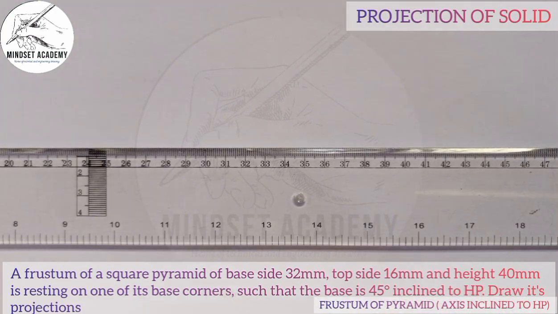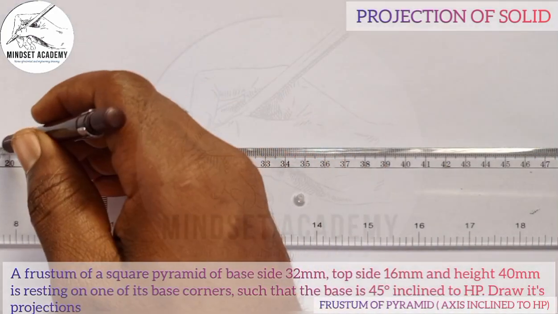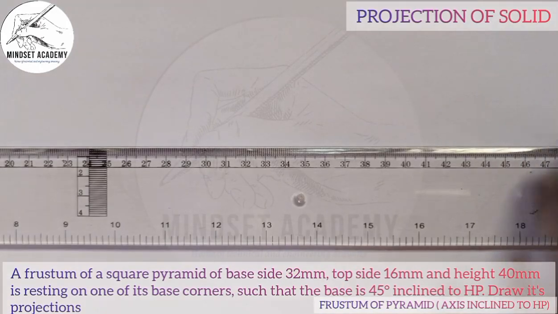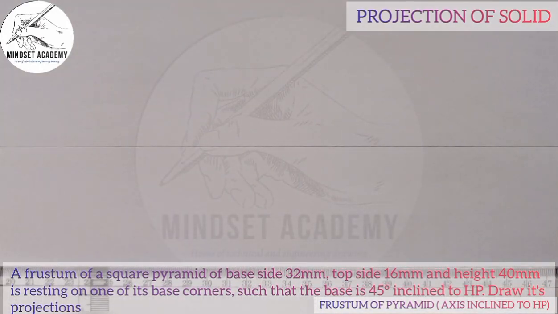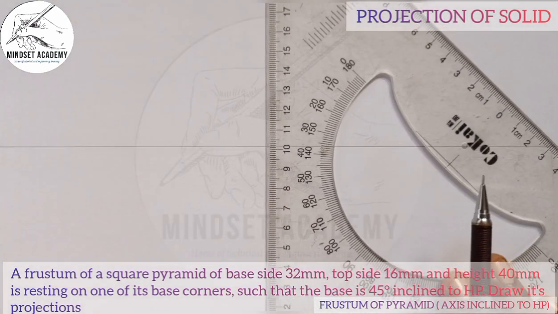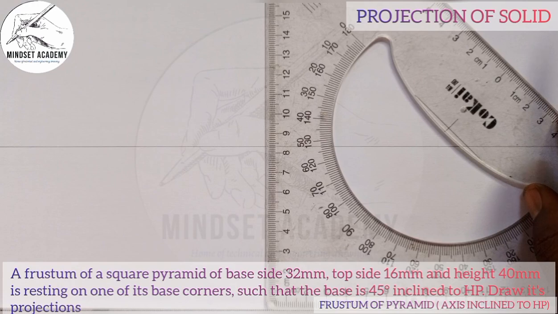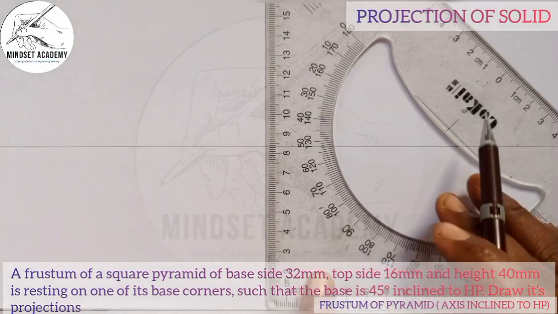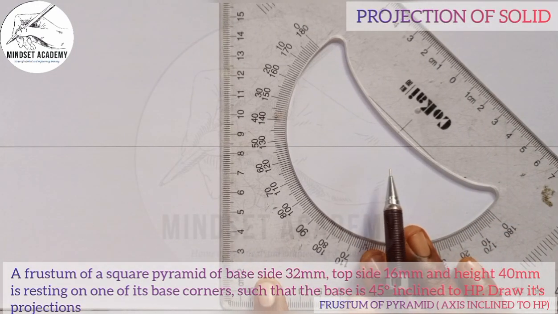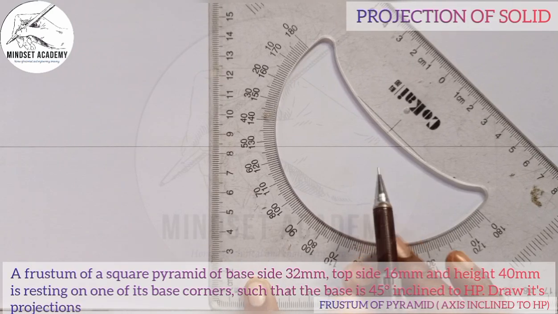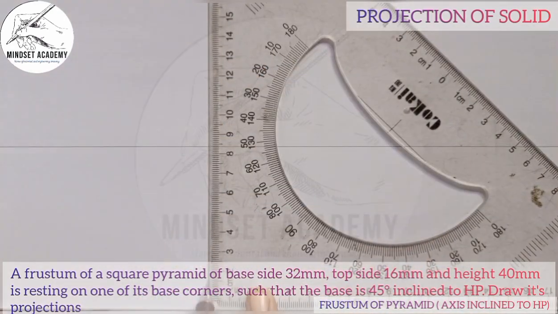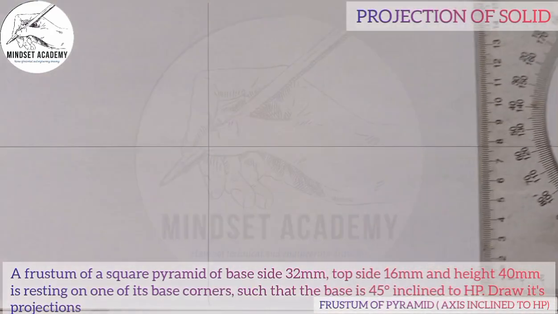VP. So in doing that, I'll just draw my horizontal plane this way. You can see that. And I'll also draw my vertical plane this way. I see that.